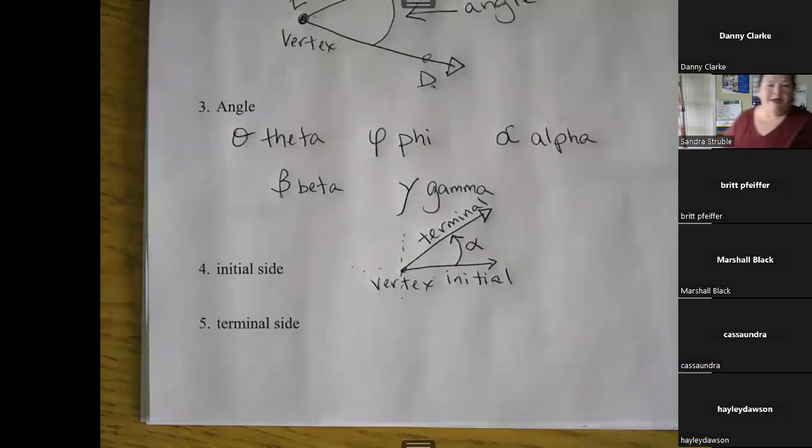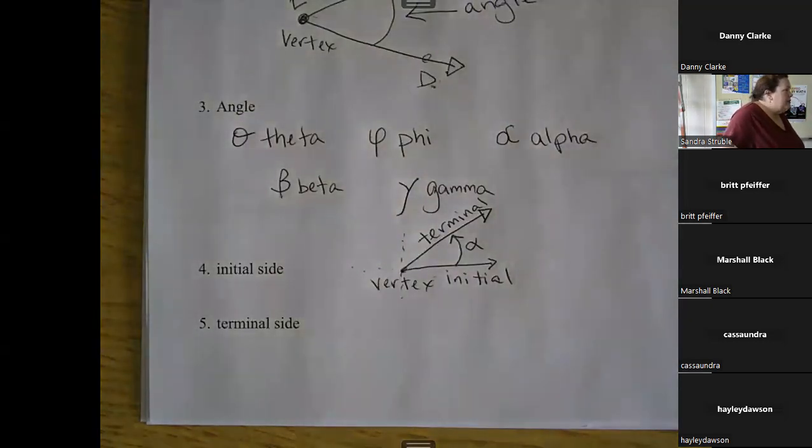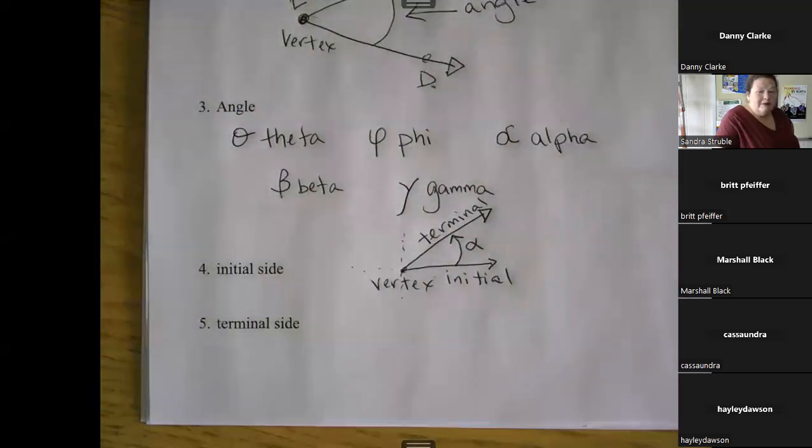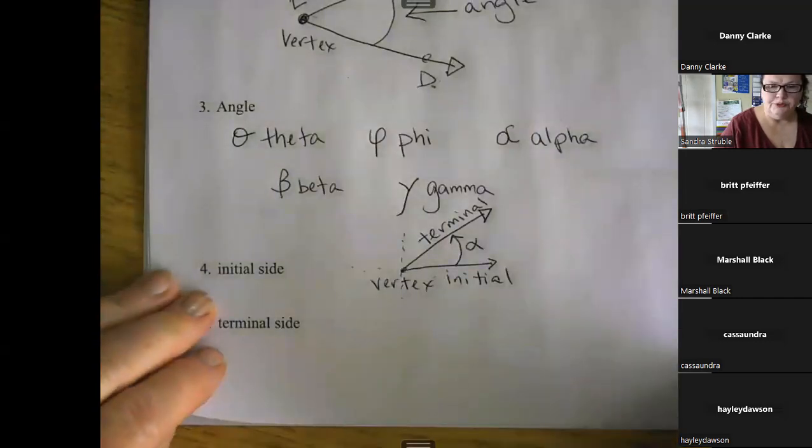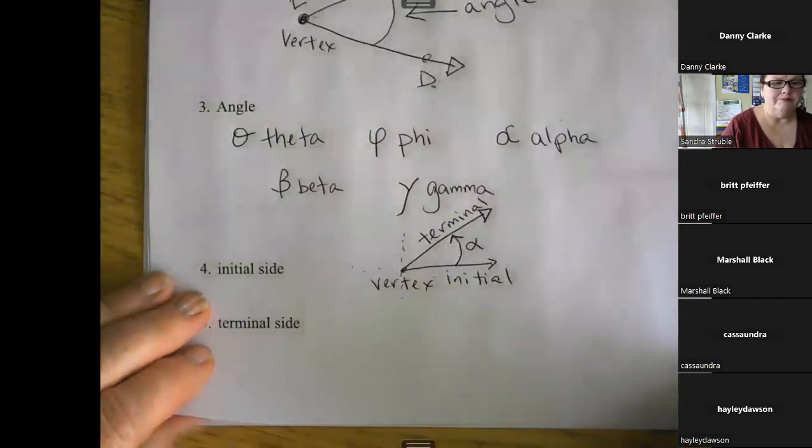Knowing that you may see a beta or a gamma, note that it could be representing something other than theta, depending on the math you see later. Typically, my goal is theta. I stick with theta throughout my entire lecture. Any questions on initial, terminal, vertex?